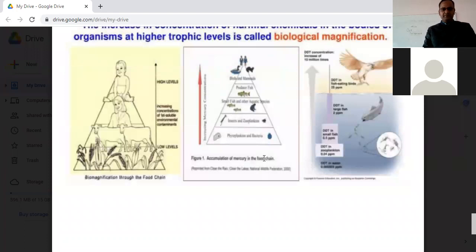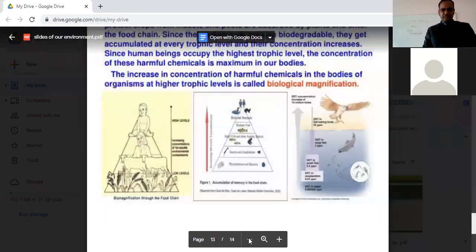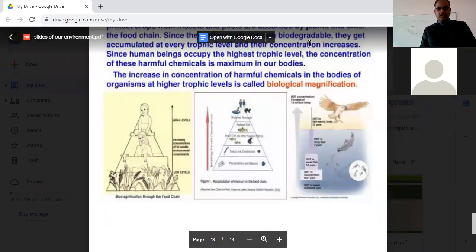Now one more example you can see over here, which is about DDT. Yes, the third column, or the third example, you see the DDT. ppm means, students, parts per million, a unit. If we are talking about the producers, the amount of ppm in them is less.